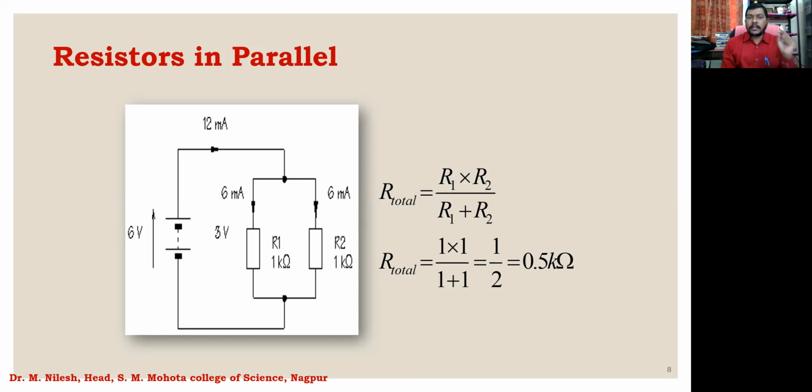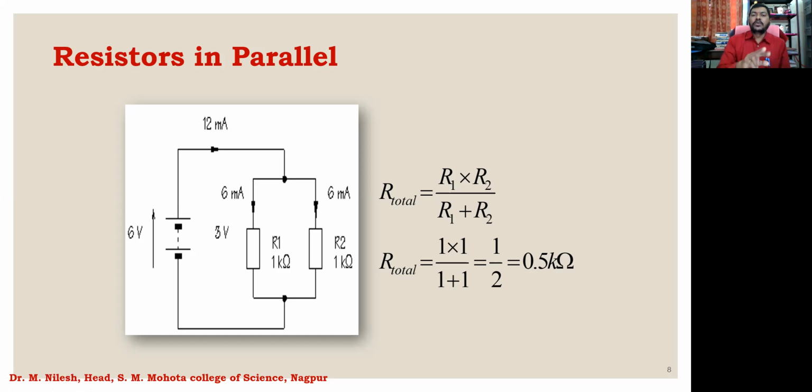Whenever we connect resistances in parallel, the total resistance in the combination will be less than the smallest resistance in the connection, right? So if one of the resistances is 0.5 kilo ohm, then the parallel combination resistance will be less than 0.5 kilo ohms, right?